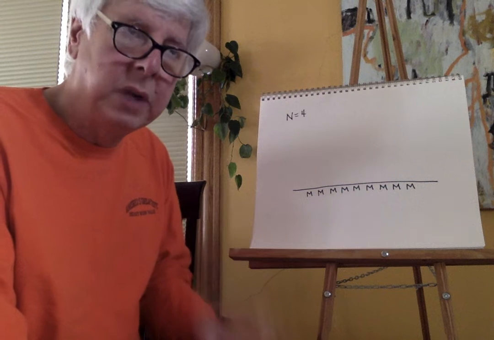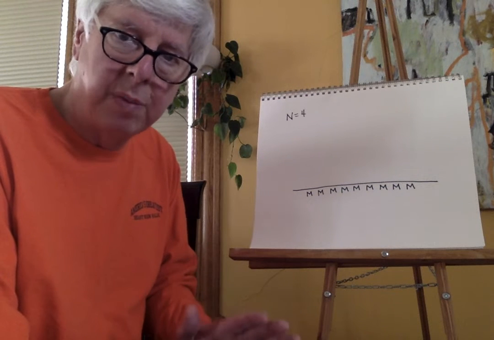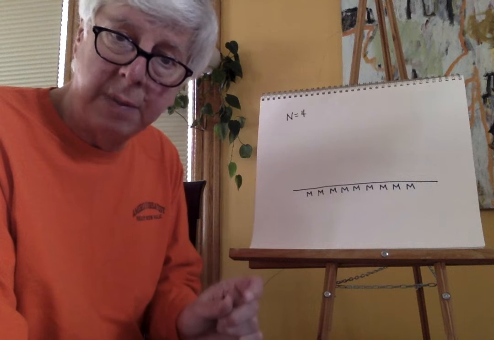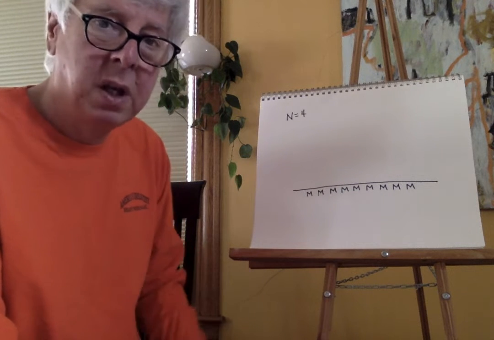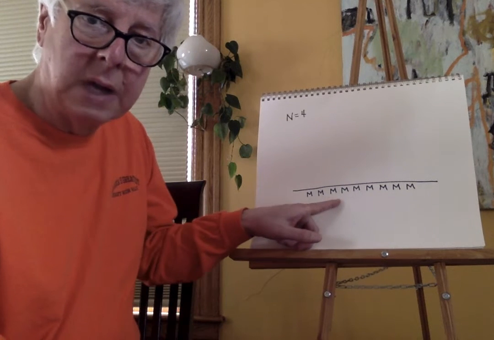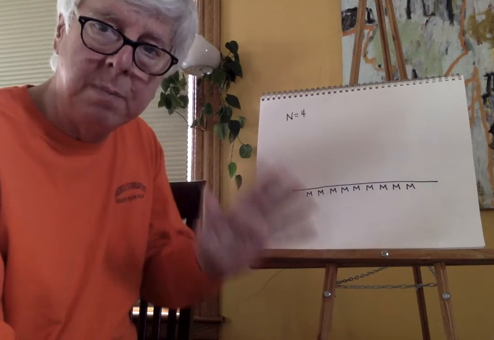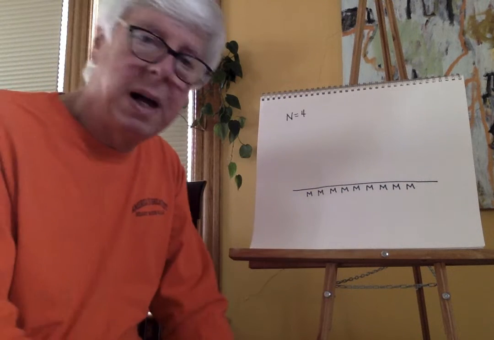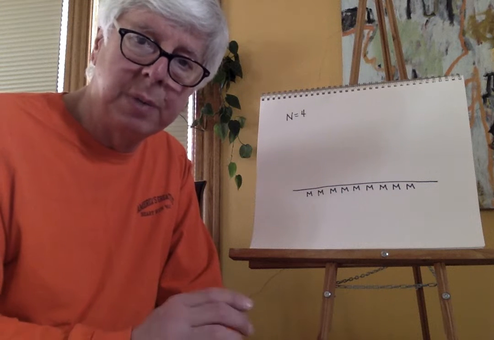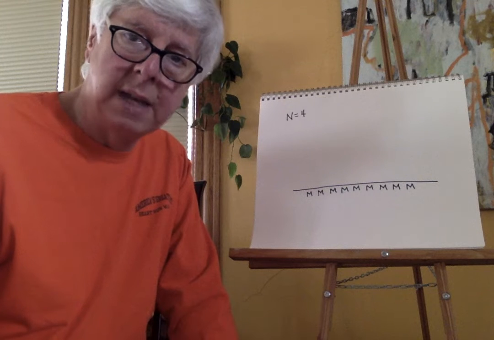What we're going to do then is, for each sample, we're going to calculate the mean for that sample, okay? And this is where we're going to use M as our symbol for the mean. Remember, if we have a population, we use the symbol mu. In this case, we're going to use uppercase M as our symbol for a sample mean.